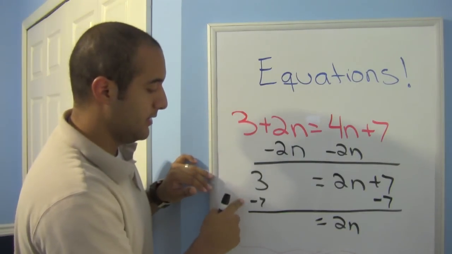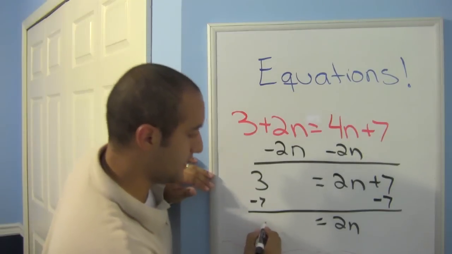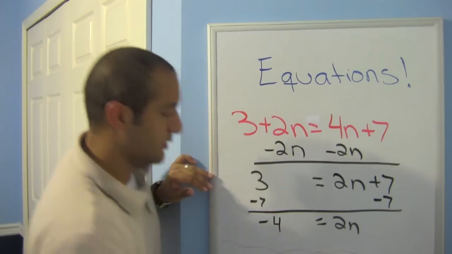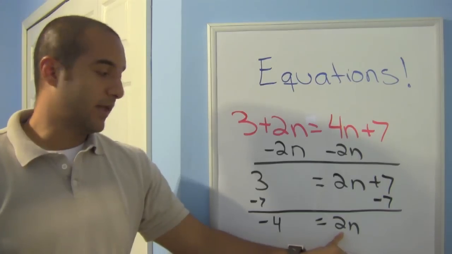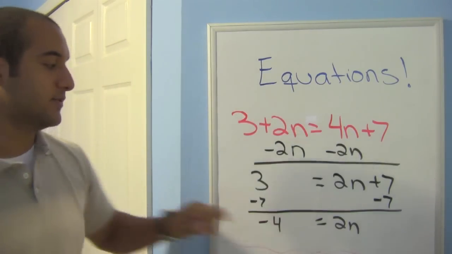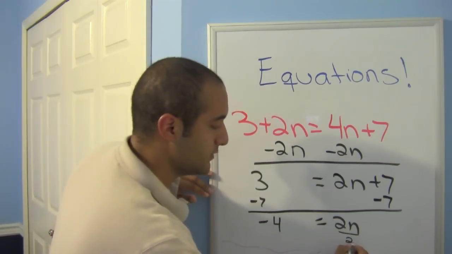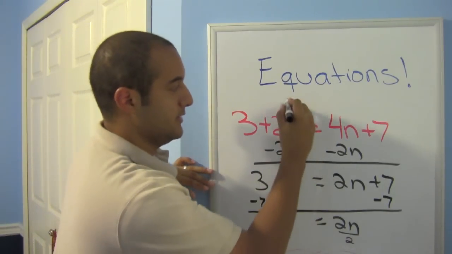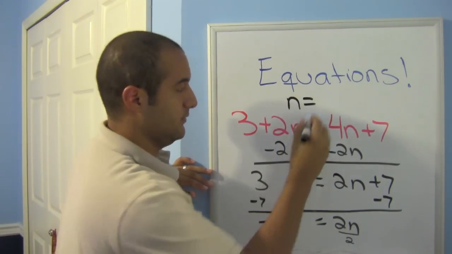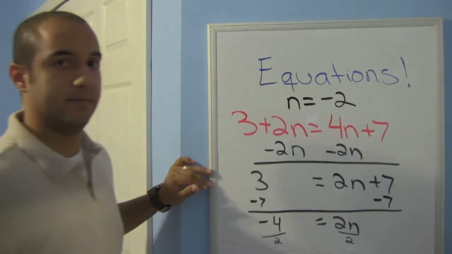Okay, so I do minus 7, so that's negative 4. So I'm saying that negative 4 is equal to 2n. Well, I don't want 2n, I just want n, so get rid of that 2. Divide by 2. Divide by 2. Your final answer is n equal to negative 2.